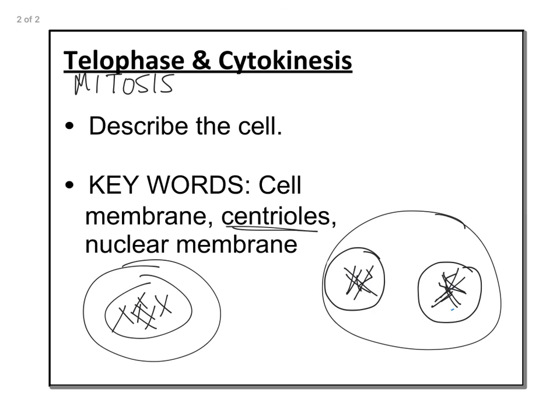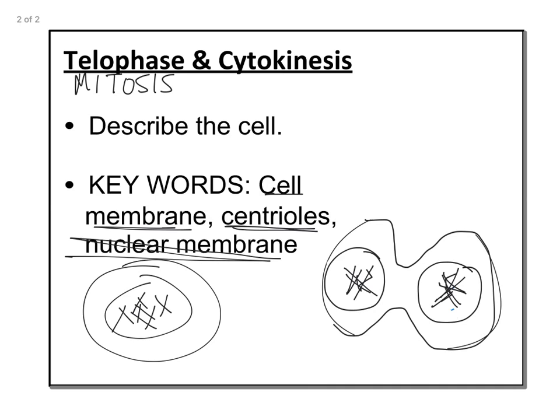Remember I said the centrioles disappeared, the nuclear membrane comes back, and now finally the cell membrane is going to start to pinch in. So that would look like this. You're going to take that string, you're going to start to drag it in like that, and continue dragging it in until it completely divides the one cell into two.